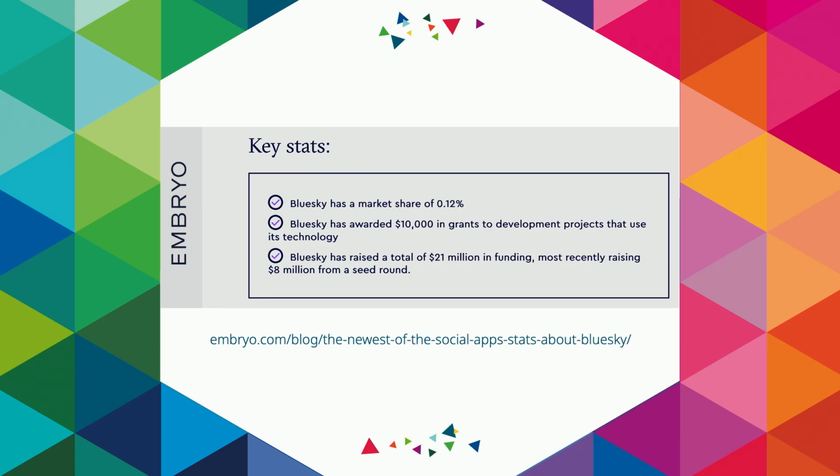That's much less money than even these big monopolistic companies give as a fig leaf to participating in their communities, right? Raised a total of $21 million in funding. Okay, again, rounding errors to the quarterly profits of these other organizations, right? So I'm getting depressing again. I promise it's going to swing back around.